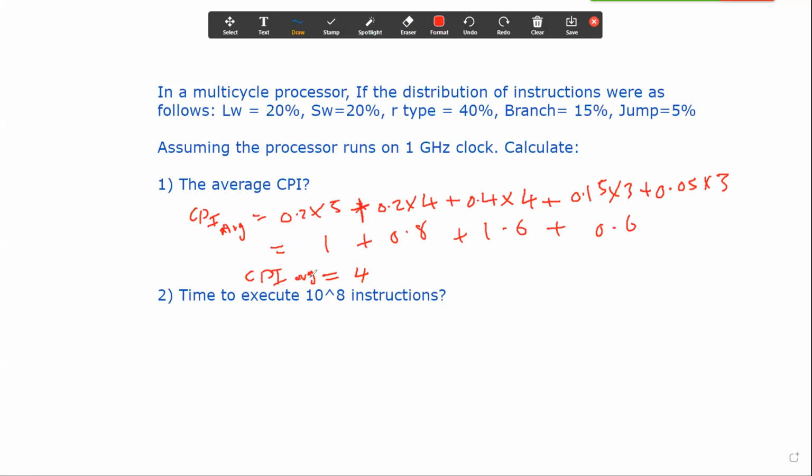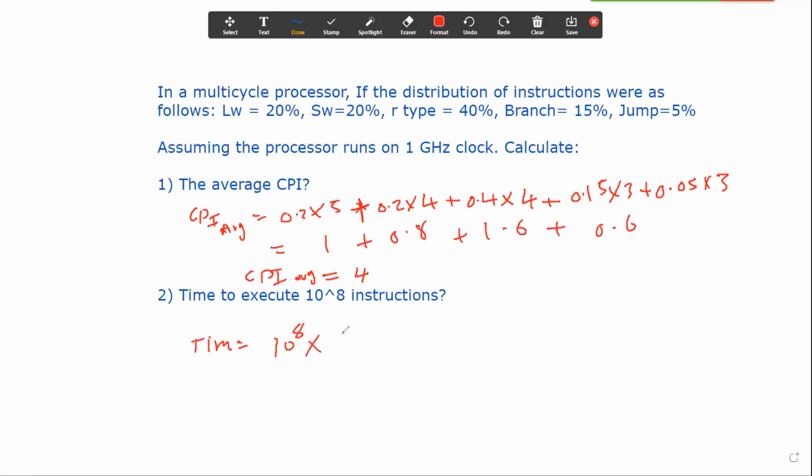Okay. Now, how long would it actually take to execute 100 million instructions? We work with the average, right? Yes. So here you don't have a choice except to work with the average. So the time will be: the number of instructions is 10 to the power 8.